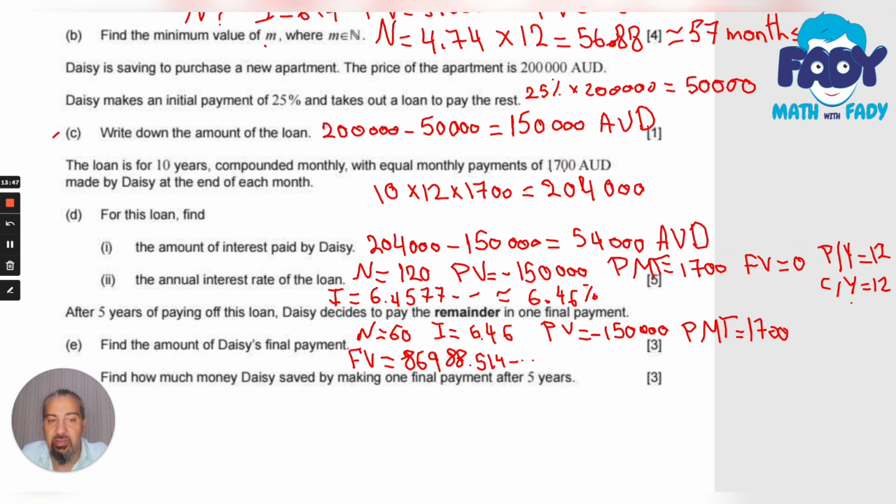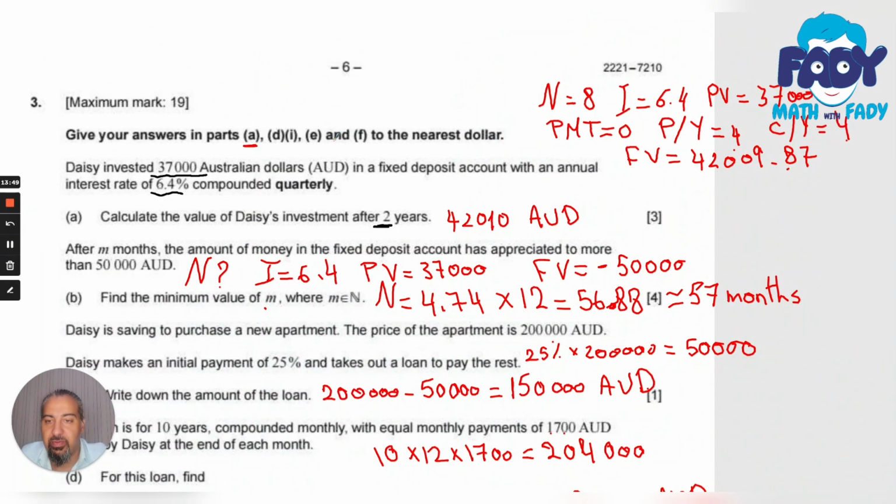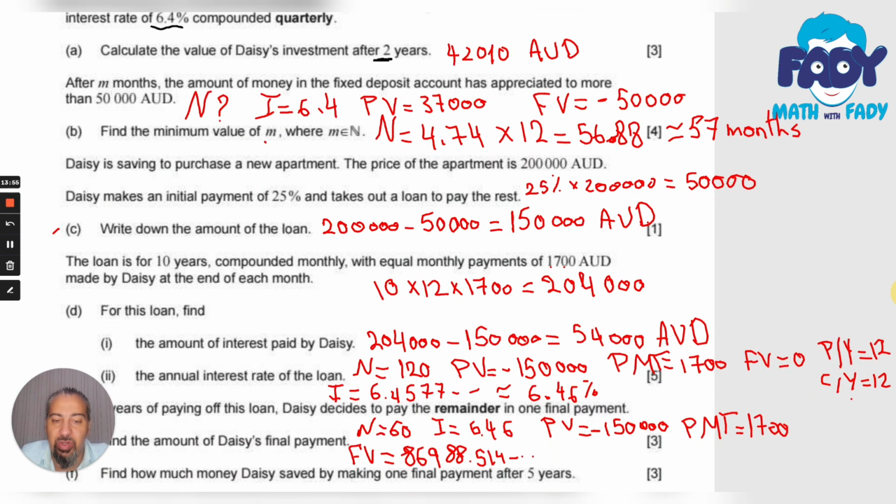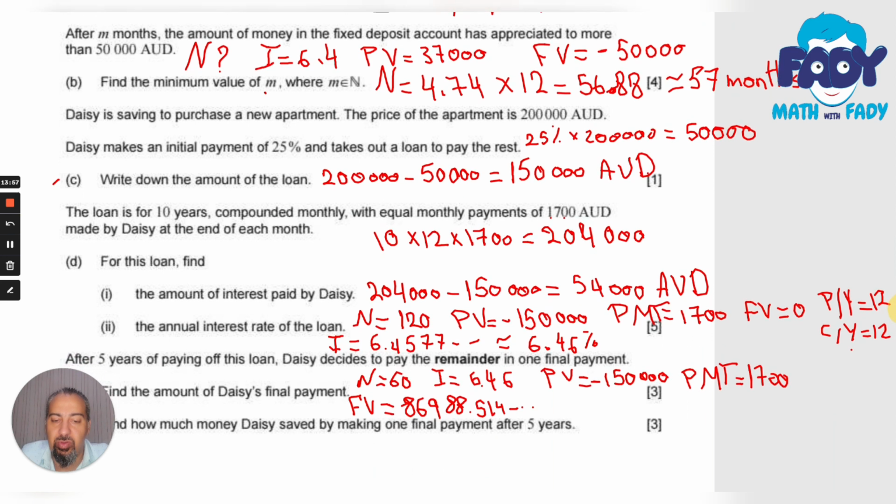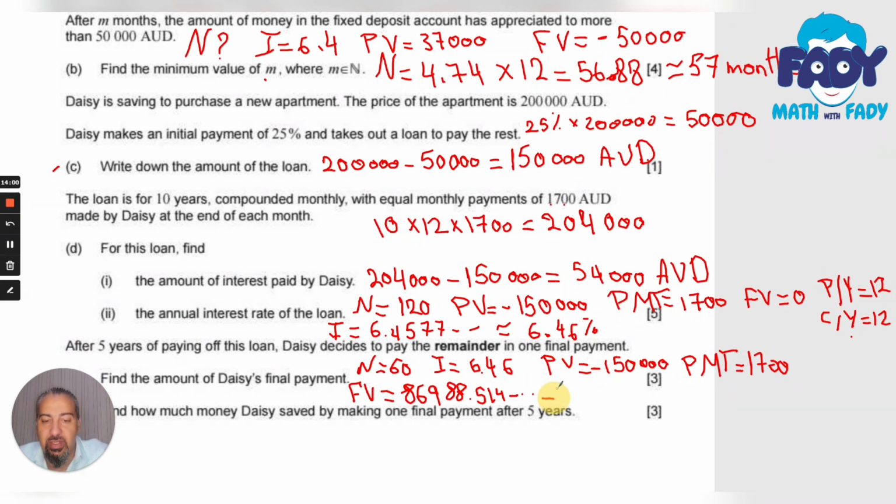And don't forget here at the beginning of the question, it was written that in part E, also in part F, we need to write our answer to nearest dollar. So this will be 86,989 AUD.